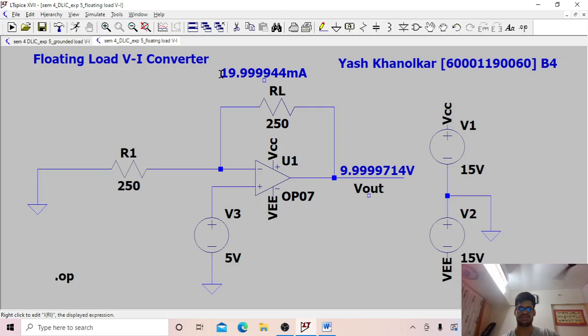So yes, you can see that the value is 19.99 milliampere, so our circuit is running perfectly and it's coming perfectly in range. So now we can change the RL to above 450 ohm and see what happens.